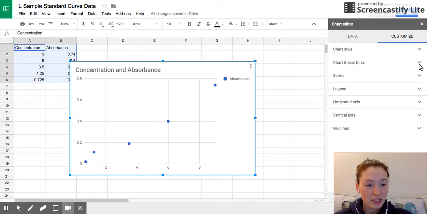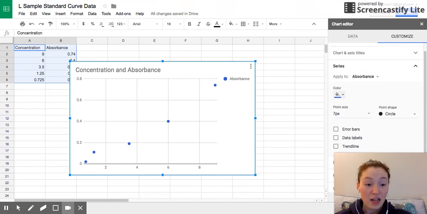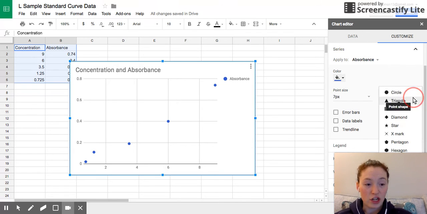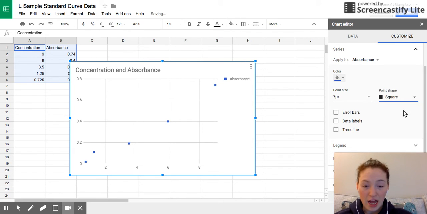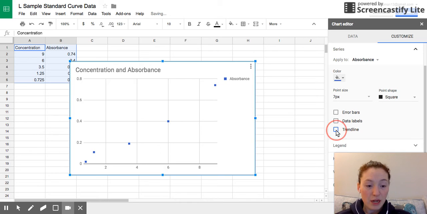Under Customize, I will look at the series again, which is the data that I have. I can change the color of those if I want. I can change which sort of points I have. Dots or squares are great. Nothing funky. And I could put data labels, which would put values here. I don't really want that either. But I do want a trend line.